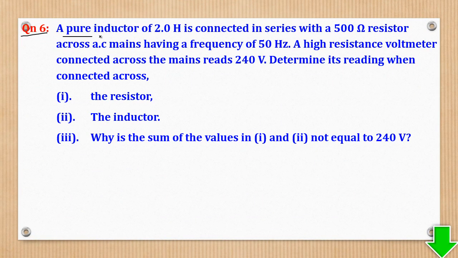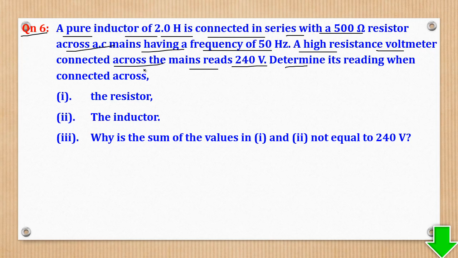Question 6 says a pure inductor of 2 Henry is connected in series with a 500 ohm resistor across AC mains having a frequency of 50 Hz. A high resistive voltmeter connected across the mains reads this, so that's an RMS value.